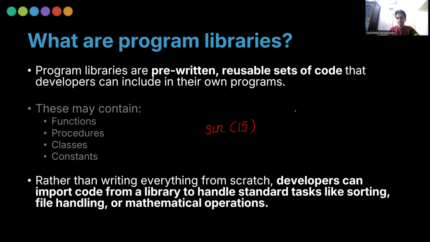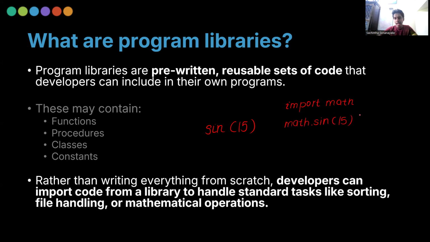The way you do this in Python is by saying import math, which is the library name in Python. Math is the library where you have a lot of functions that you can reuse in your code, specifically related to mathematics, also related to trigonometry, calculus, and whatnot. So you can import the math library, and you could do math.sin(15).